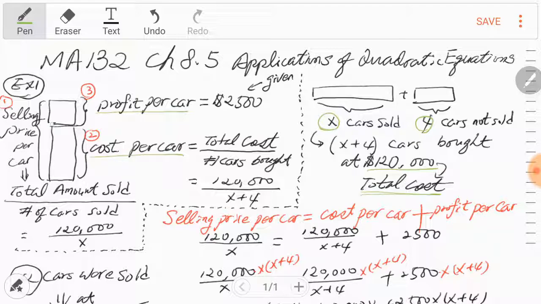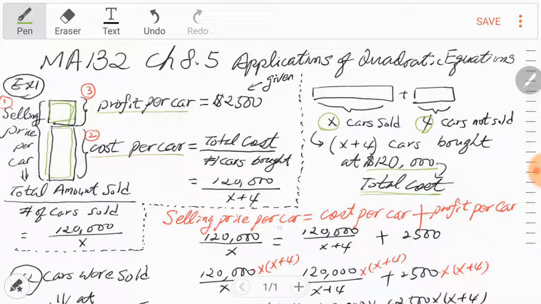So when we write the diagram as an equation, the selling price per car is equal to the sum of the cost per car plus the profit per car. Then for each we have an expression.